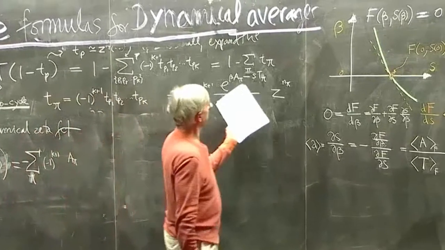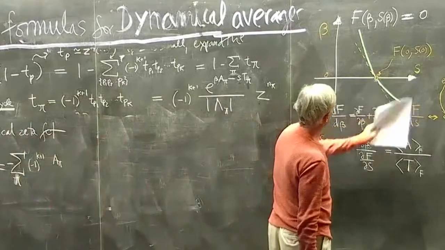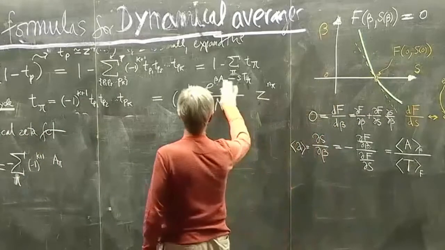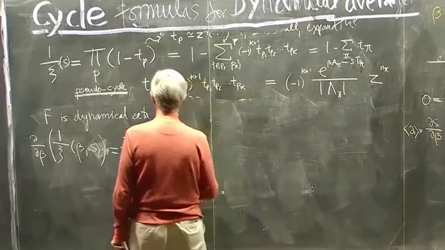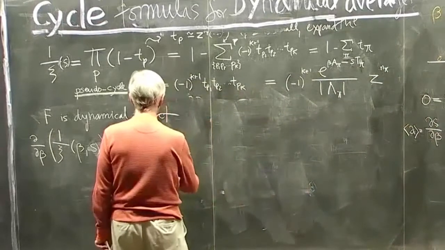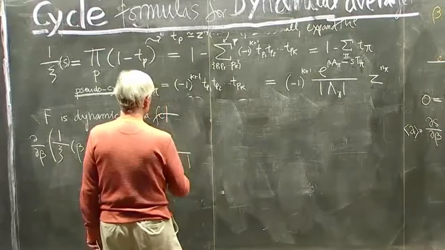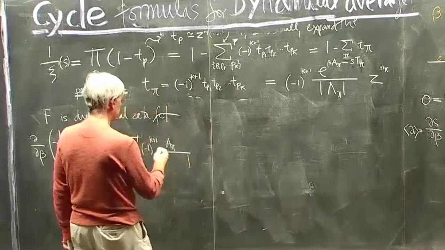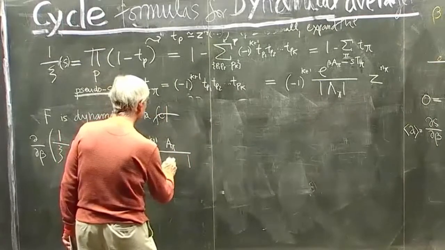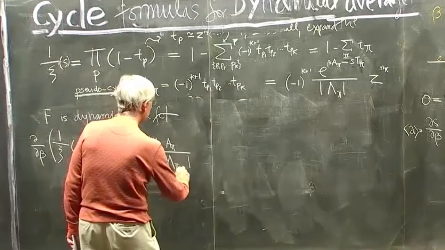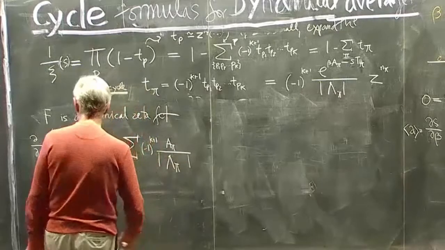And then after we take the derivative, we set s equal to 0, beta equal to 0, so this exponent goes away. And I find out that this is our average quantity computed on all pseudocycles weighted by the stability of the pseudocycle.